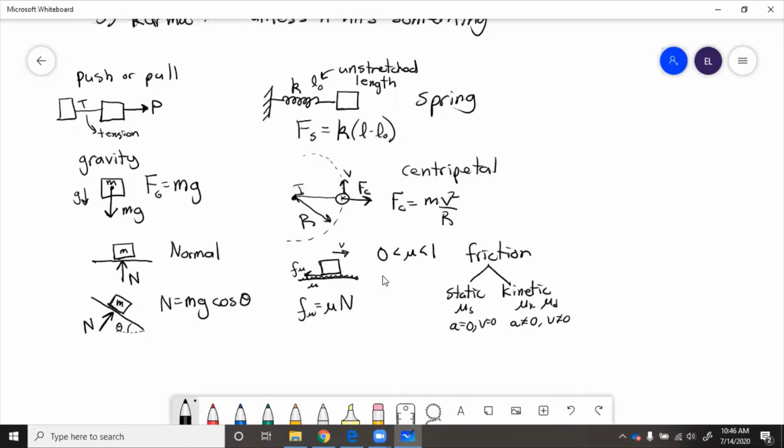A problem might give you an object with a bunch of different forces on it and say, find the acceleration. For that, you need to first check static to see if the forces are enough to make the object move. If they are enough to overcome that static friction, then to find the acceleration, you will use kinetic.